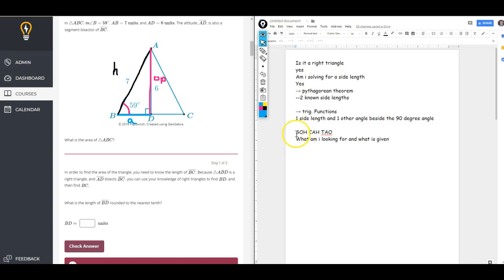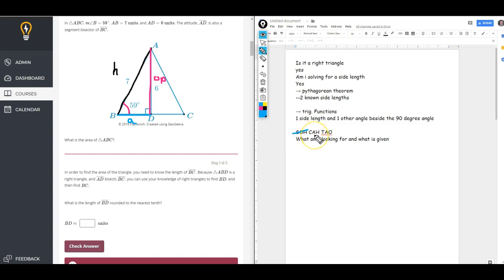So I'll step you through how I determine which trig function to use. Sine is the ratio of the opposite side length divided by the hypotenuse side length. We have both of those, and it's not helping us find what we're looking for, which is the adjacent side length. So I'm not going to use the sine.